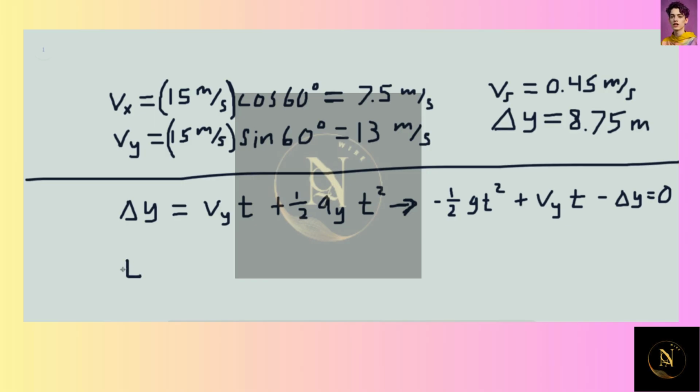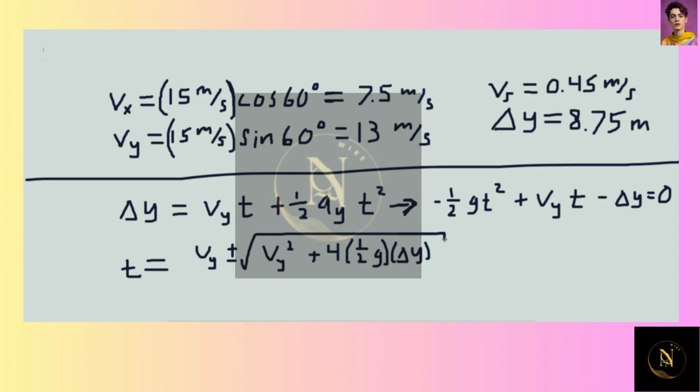Okay, so then using the quadratic formula, we find that time is equal to v of y plus or minus the square root of v of y squared plus 4 multiplied by 1/2 g, the plus comes from the fact that g again is negative, times delta y, divided by g.